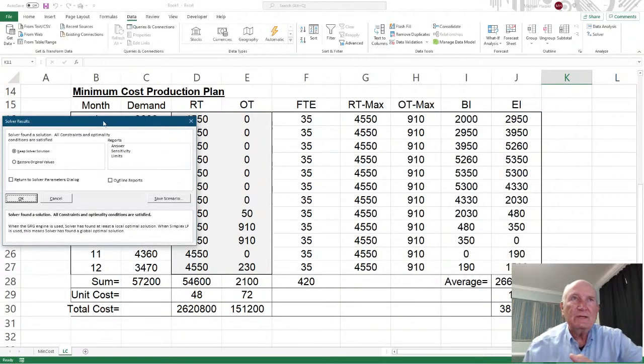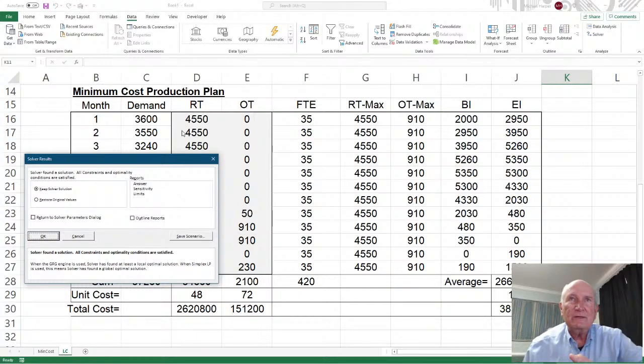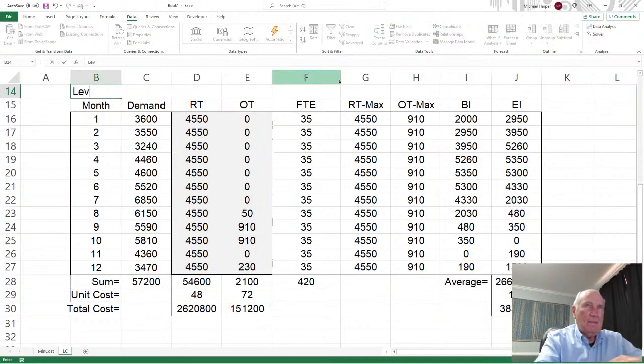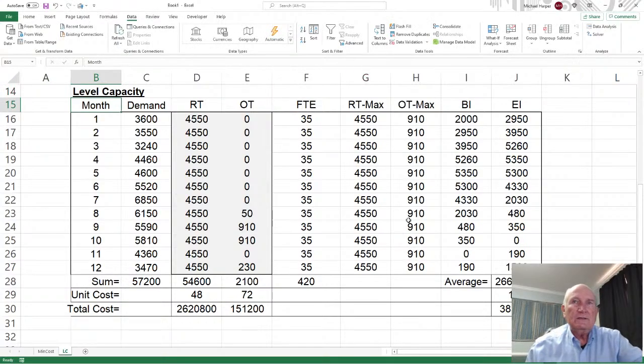And so notice what we did here. We forced this to be level. And then what we did is it's level, but then we minimize the cost with overtime. So that could be our level plan. So let's change this to say level capacity, because that's what it is.